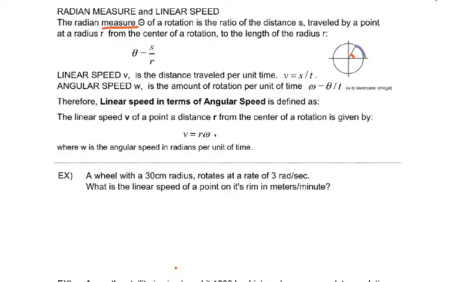And s, eventually in mathematics, it begins to measure arc length for us. So we're talking about the relationship between this little angle theta and that length along the unit circle. So the radian measure theta of a rotation is the ratio of the distance s traveled by a point at radius r from the center of the rotation.